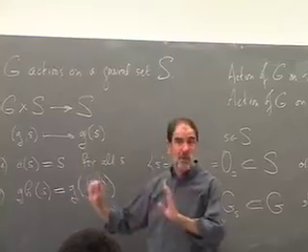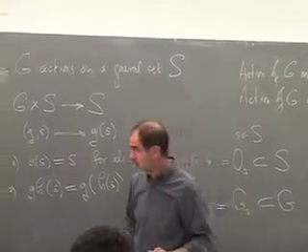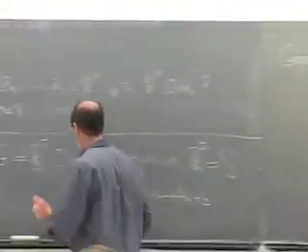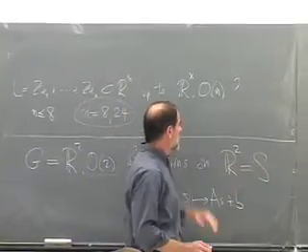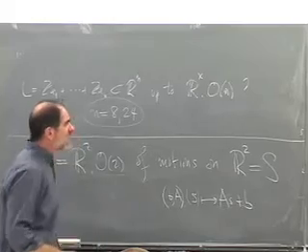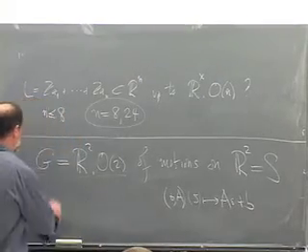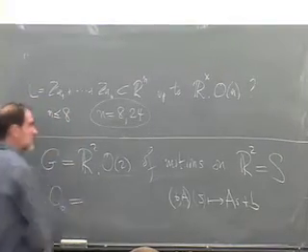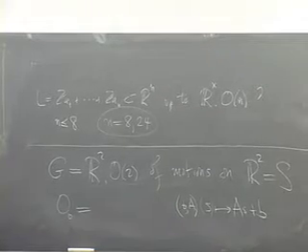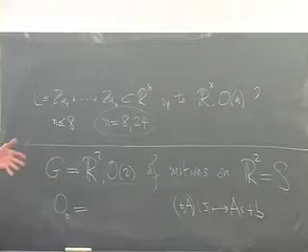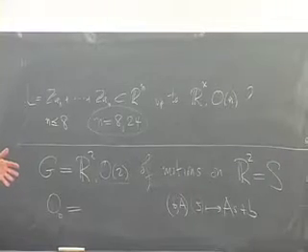Now let's take a look at some orbits and stabilizers. If we take the normal action of this group on the plane, what is the orbit of 0? What points can you take to 0? Everything.